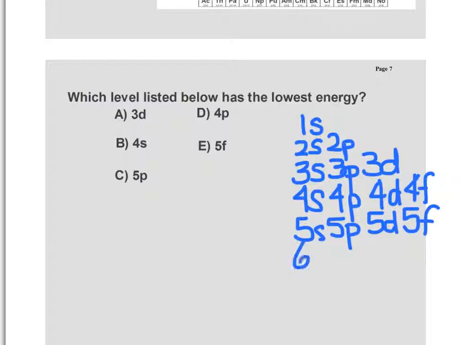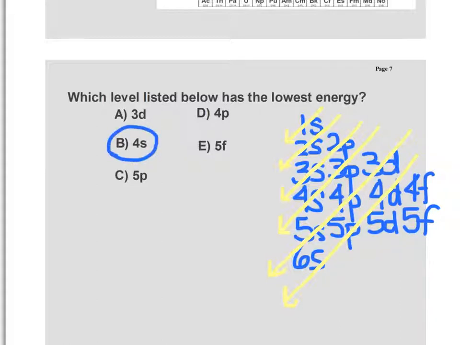So if we do our arrows here, 1s first, then 2s, 2p, 3s, 3p, 4s, 3d, 4p, 5s, 4d, 5p, 6s, and we would keep going. So that means if we're putting these in order of lowest energy, the first one here that would have the lowest energy would actually be level 4s.